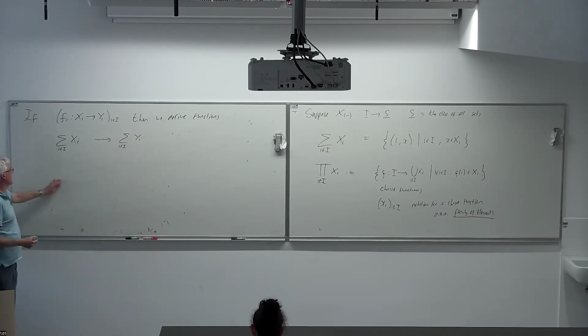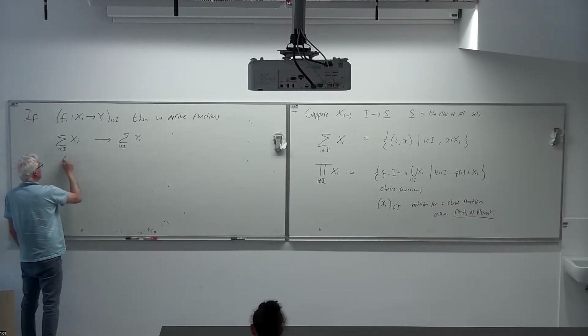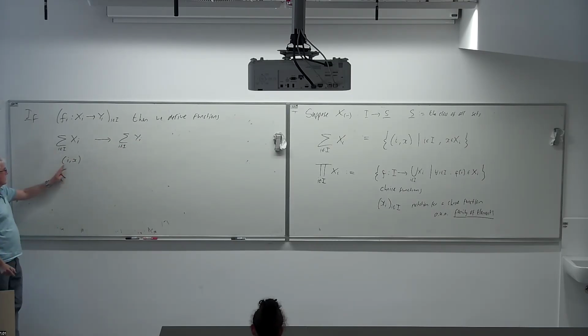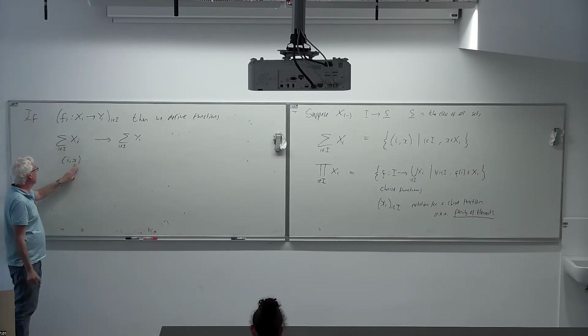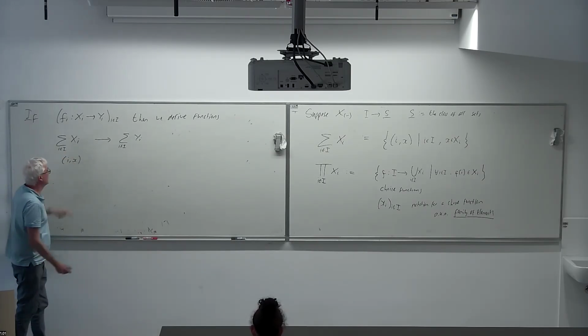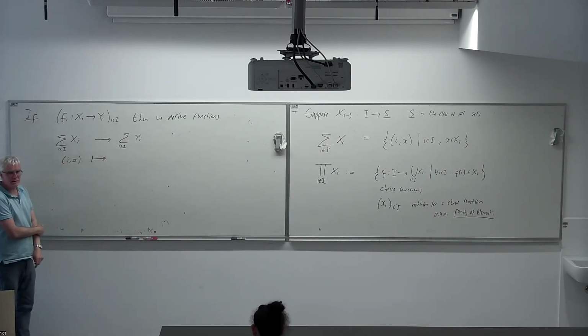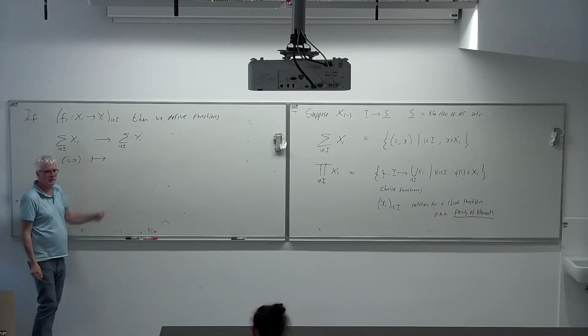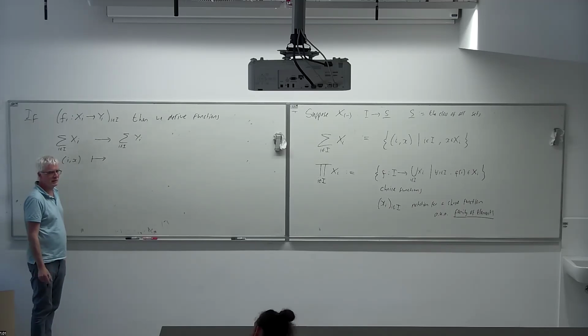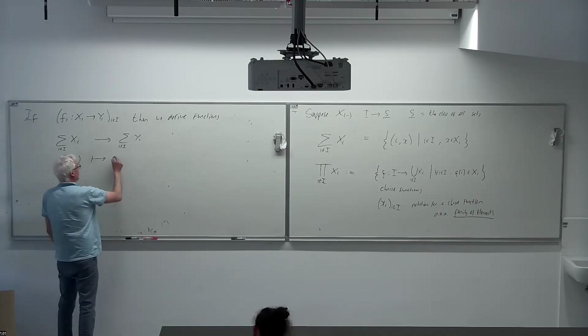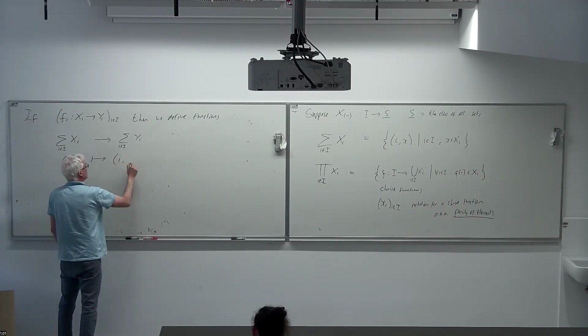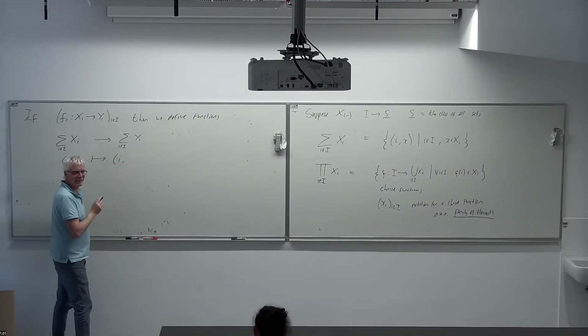And how does this work? Well, it's very easy. We take an element in the sum here. So that's given by an index, little i, and an element, little x, belonging to the set X sub i. And we map it to, well, can somebody tell me what we map it to over here? The i.